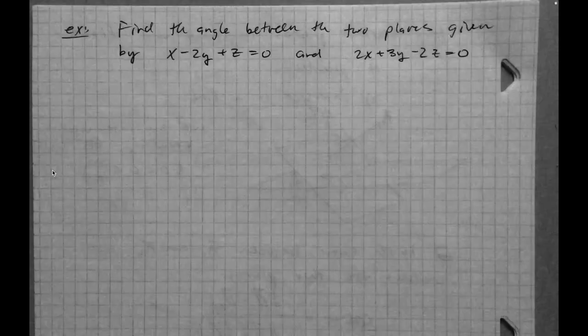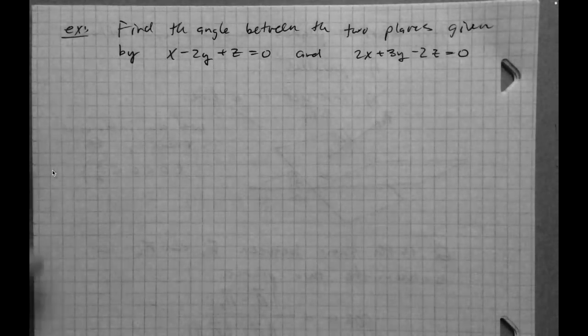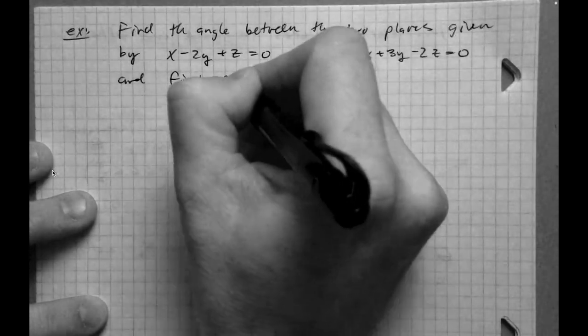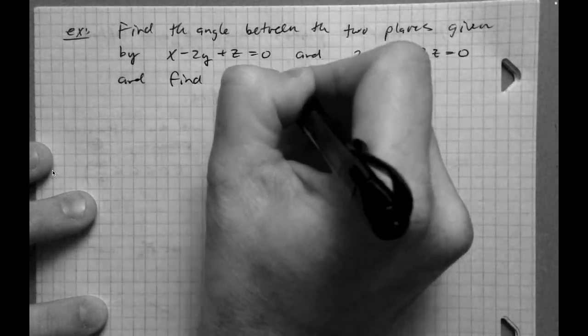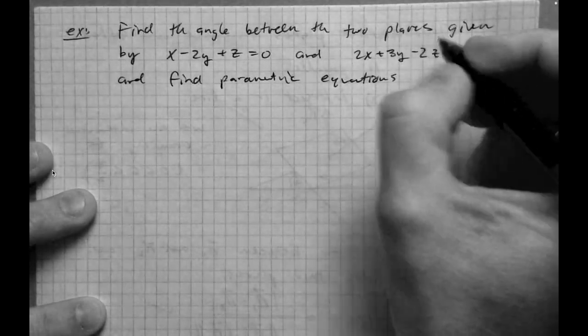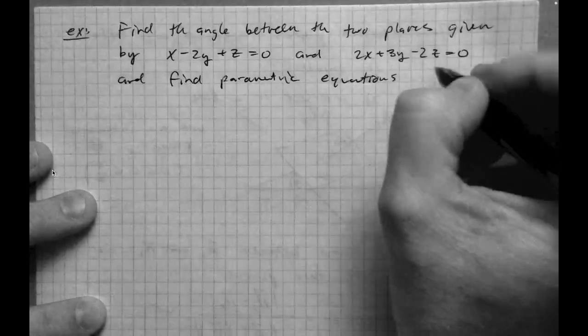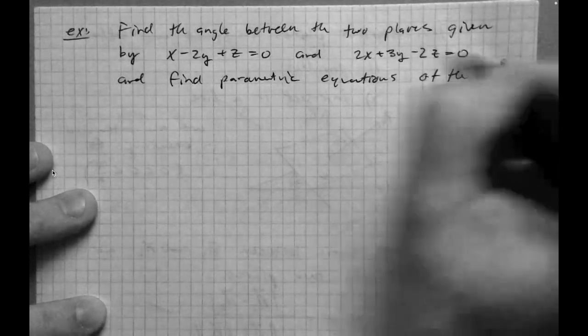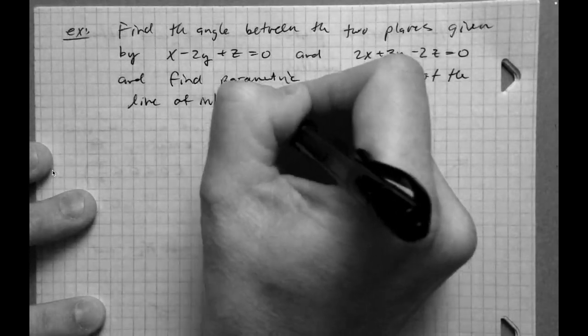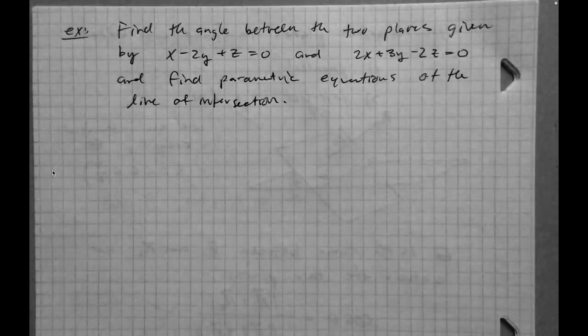We want to find the angle between these two planes and find parametric equations of their line of intersection. Okay, so that's the idea.